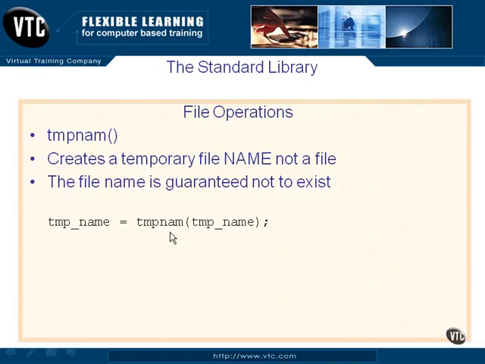You pass tmpnam a string pointer to a buffer that is at least long enough to hold the string name, and there is another constant in there which is called L_tmpnam. So tmpnam has to point to a buffer of that size to be able to carry the file name. Now, if you don't pass the pointer to it, it will return a pointer back to a buffer containing that name.